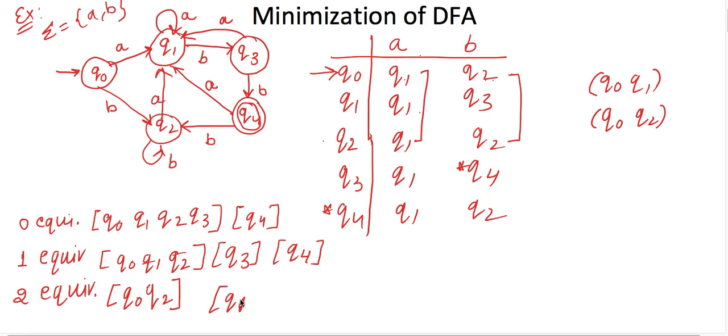Okay, now Q1 is here, so this is separated. Q3 is already alone, Q4 is already separated. Now let's check for the 3 equivalent. All are separated, just only Q0 and Q2 are remaining.